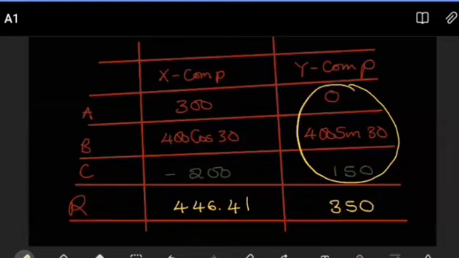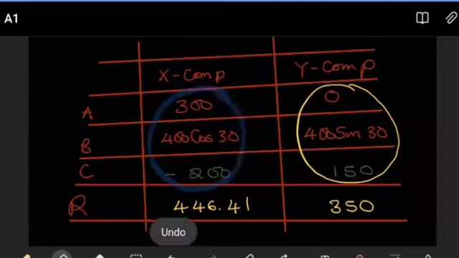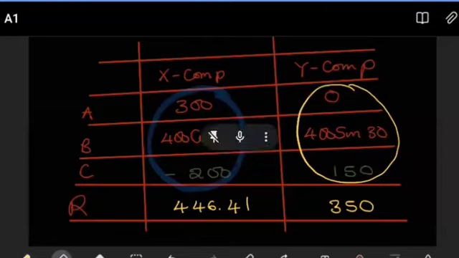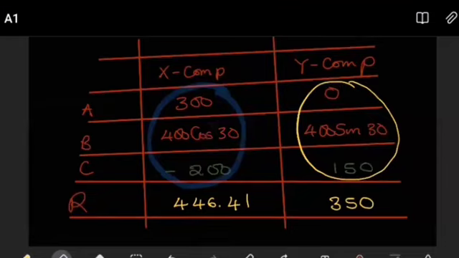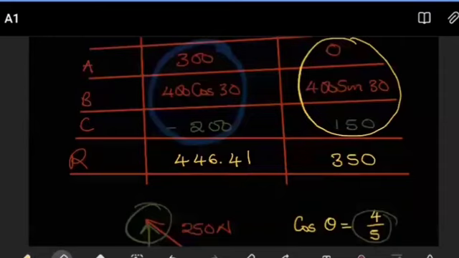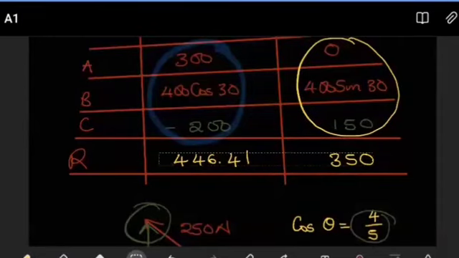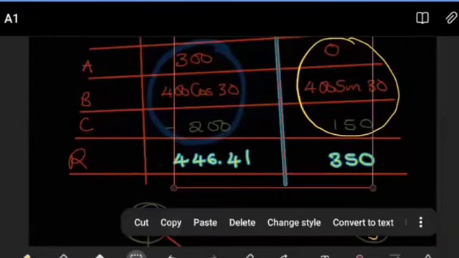So just verify this. Make sure it's giving us that 400. Yes, the math is okay. Great. So once we have obtained this, we can now calculate the resultant, the magnitude of the resultant.